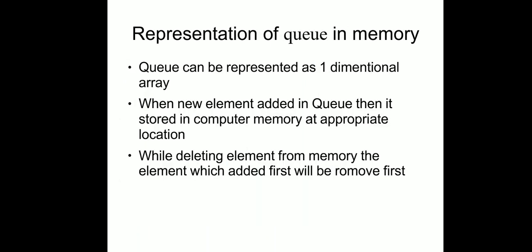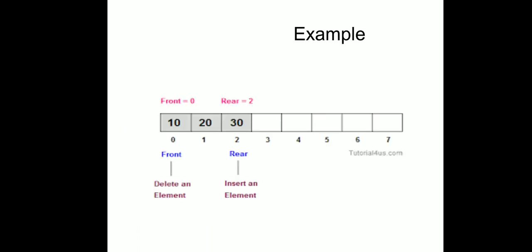Now next is how a queue can be represented in memory. In order to represent a queue in computer memory, we can use the concept of an array, right? By using arrays and some C programming features, we can implement the concept of a queue in C programming. So this is the example. There is a queue with capacity, or size, of 8 elements, from index 0 to 7.